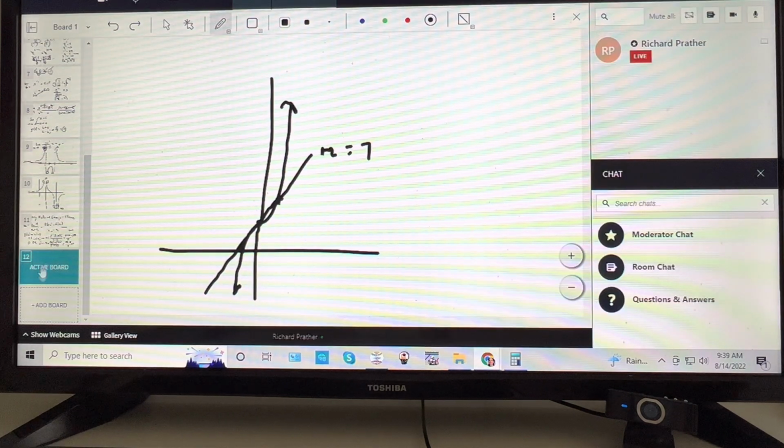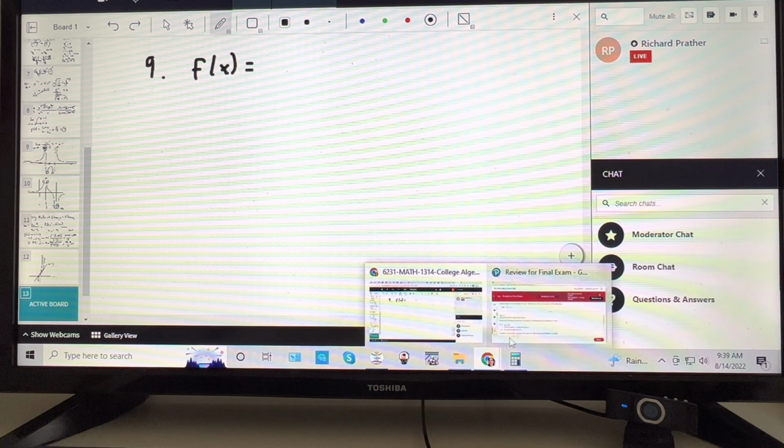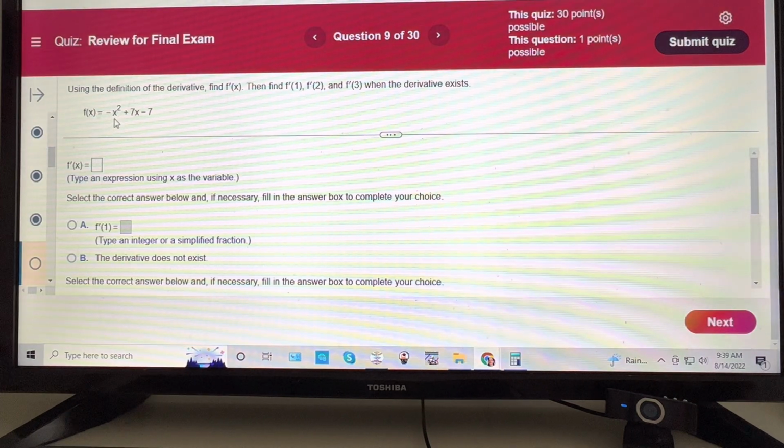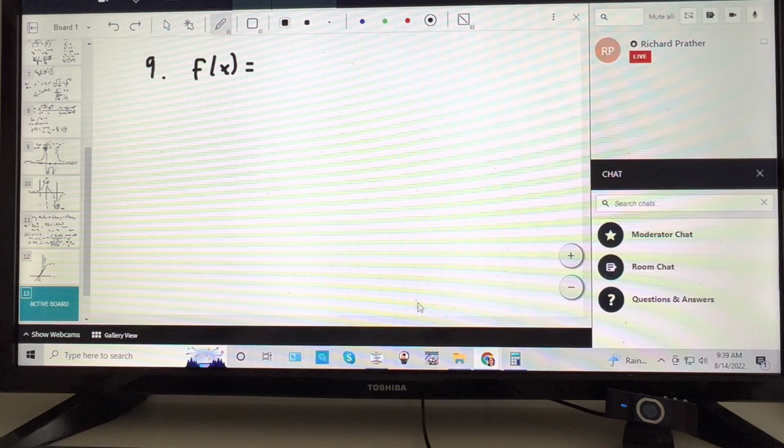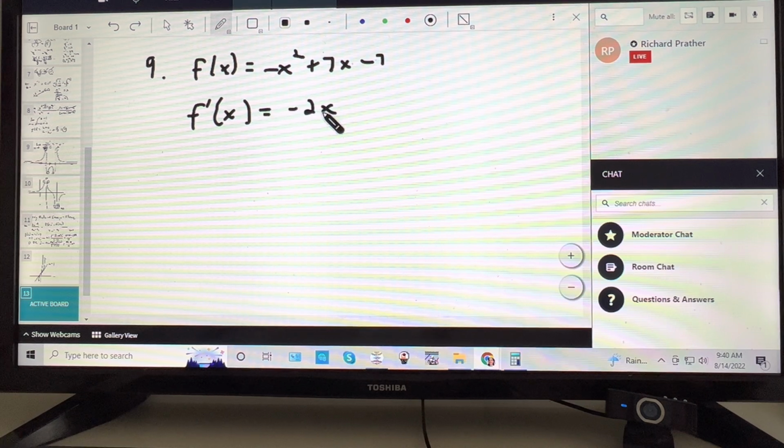So for number 9, you could save yourself a lot of time if you just use the power rule. Since they gave me a polynomial, -x squared plus 7x minus 7, the derivative, we now know from further chapters, would just be -2x to the first plus 7.